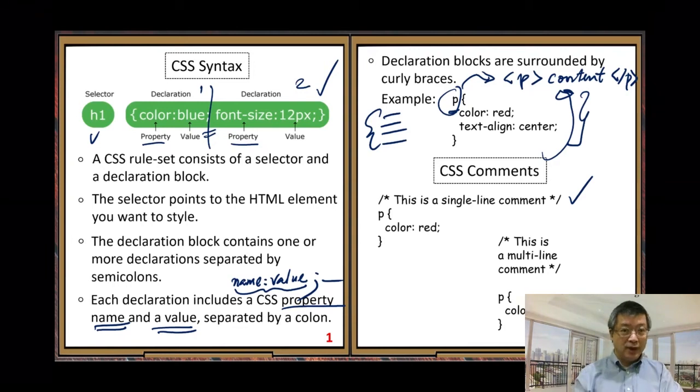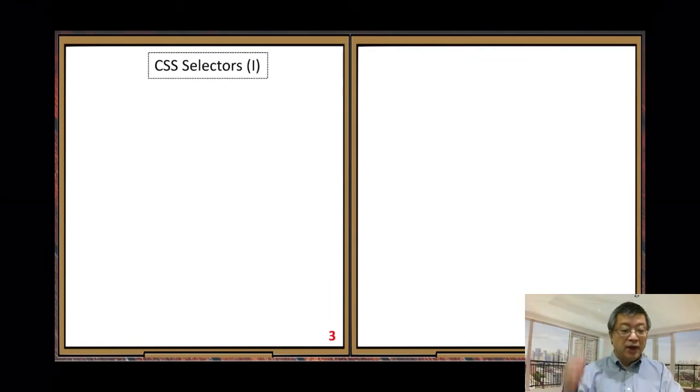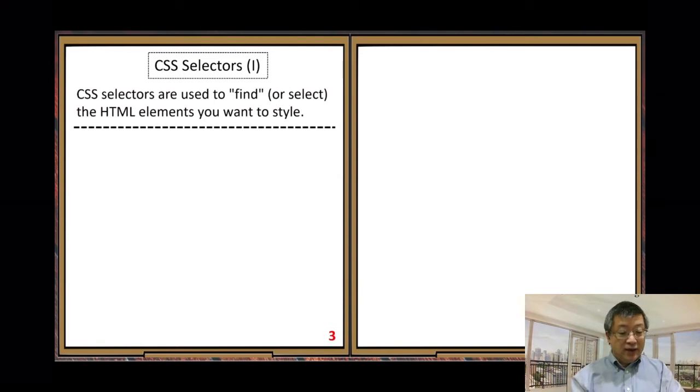All right. Next, selectors, part 1. CSS selectors are used to find or select the HTML elements you want to style, but how, right? Here, we will learn a certain number of ways. Number 1, number 2, number 3. The first way we saw in the previous example, the element selector.